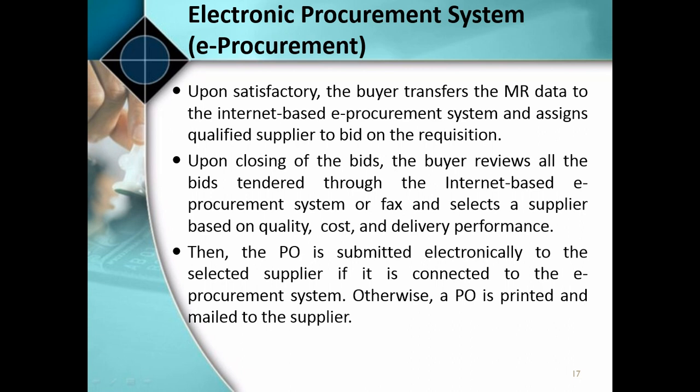Tapi kalau dia tak connect dengan procurement system kita, kita just print out the PO and mail to the supplier, suruh post je. Kalau sebelum ni secara manual, purchase order pun kita tulis by hand, tapi sekarang melalui sistem, kita just print out.